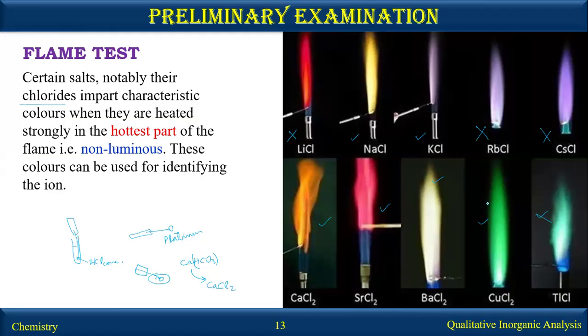Copper, in terms of Viva, is in our syllabus, but not otherwise. In this slide, the flame color of barium looks white, but actually it is not white. It is very light green. So watch my separate video about the flame test.